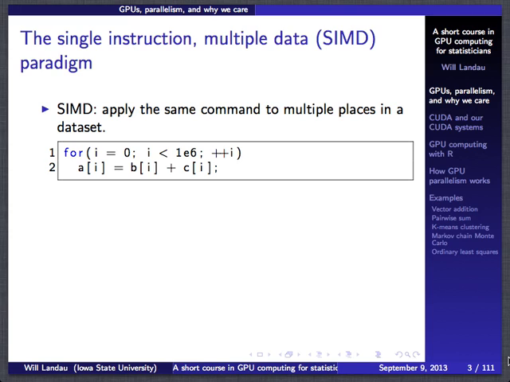For i equals 0 up to 1,000,000 minus 1, you set the ith element of A to be the ith element of B plus that of C. You sum 1,000,000 pairs from vectors B and C and put them into A.